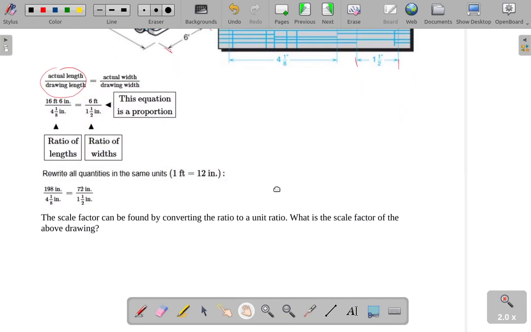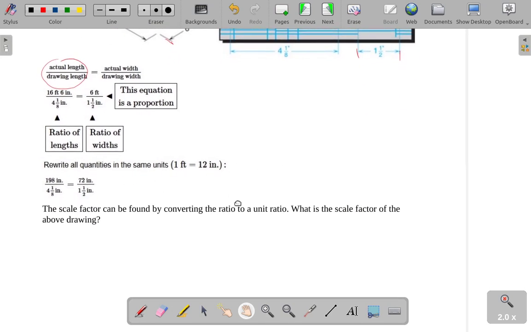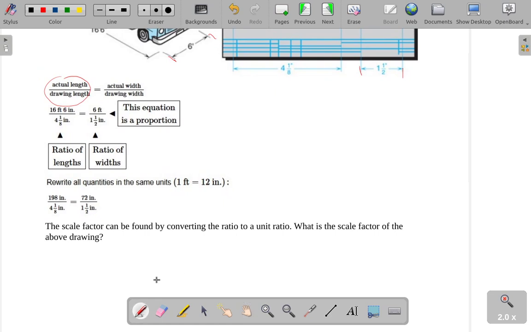If we wanted to actually figure out what the scale is here, the best thing to do to start off with would be to rewrite everything so that they're all using the same units, because we had some things in feet, some things in inches, and it gets overly complicated doing all that in the middle of a problem.